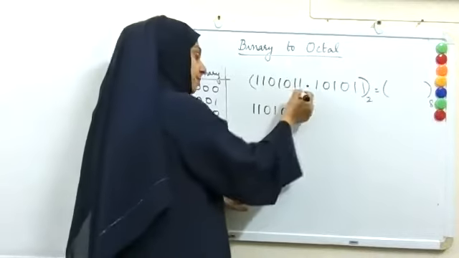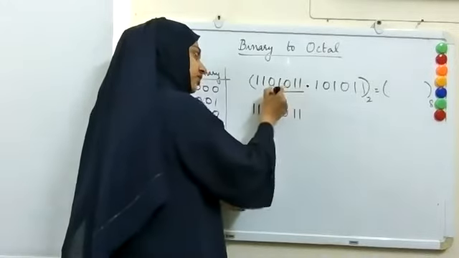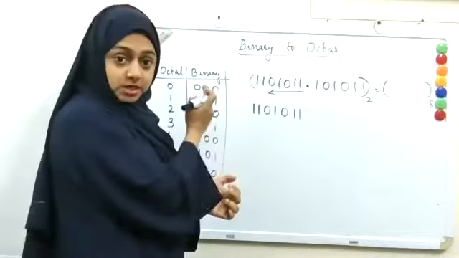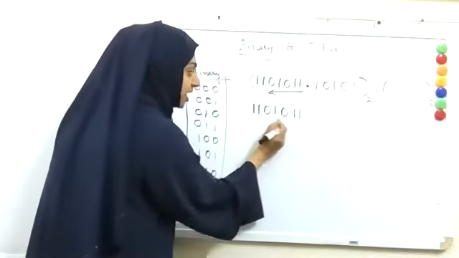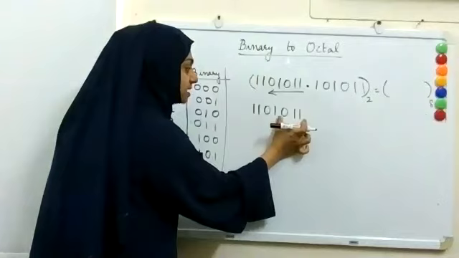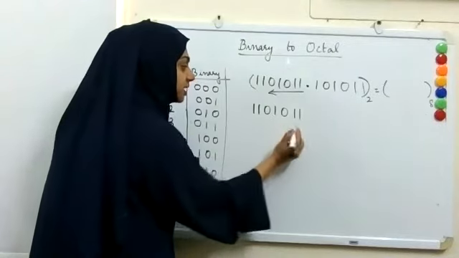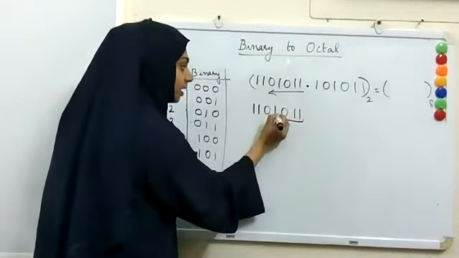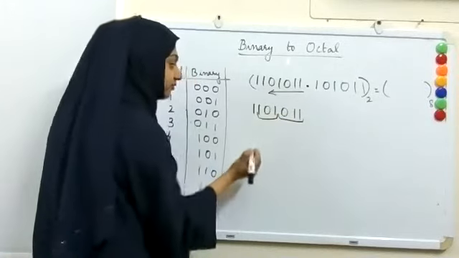When we take a point, the digits before the point, you have to go in this direction always. In this direction, I'm going to make groups of 3. Here I'm going to take this 3, then another group of 3.